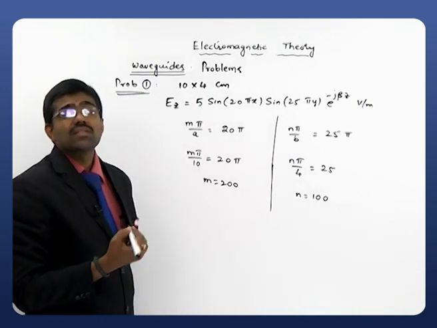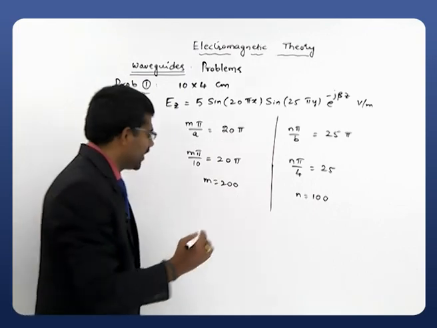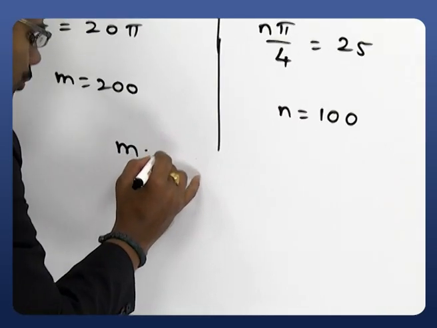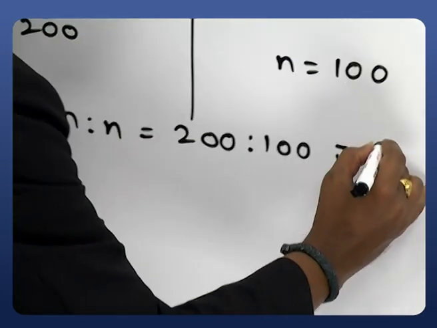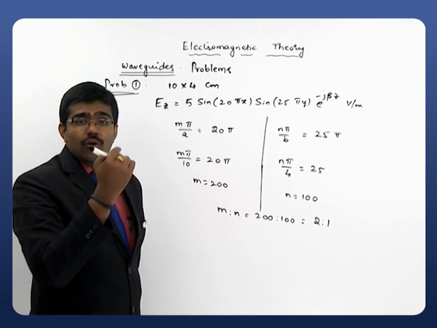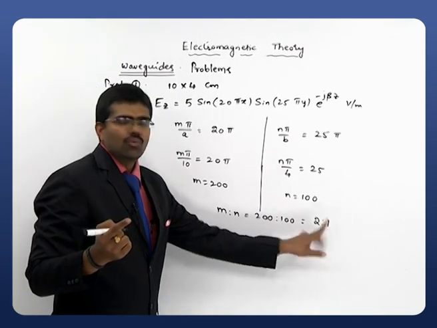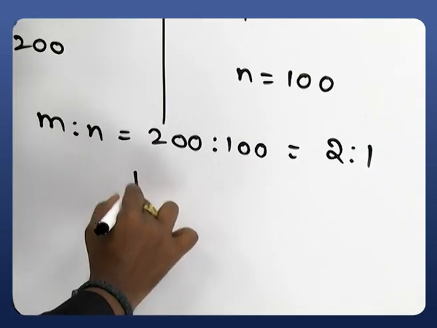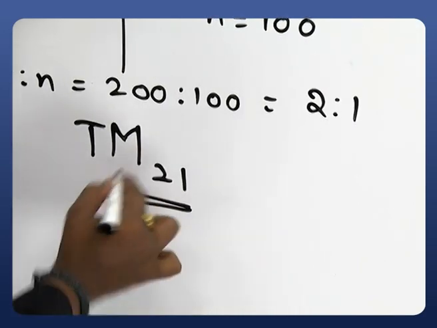Now what we require is the type of mode. Get the ratio of these two, m to n. So m to n = 200 to 100, which is simply 2 to 1. So the type of wave is a TM wave, and the mode is 2, 1. Clearly, it is a TM wave with mode 2, 1.